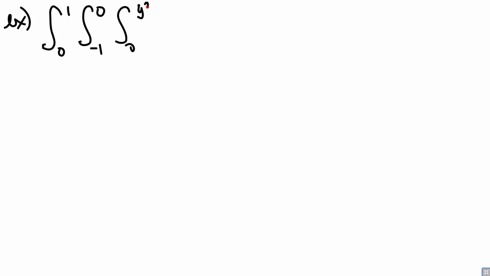All right. So for our next example, we are given this, and hopefully I corrected it. So it should be the integral from 0 to 1, integral from negative 1 to 0, and the integral from 0 to y squared, and then we're going to do dz, dy, dx.